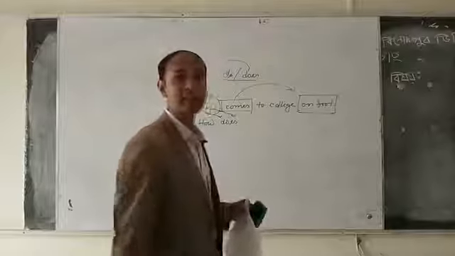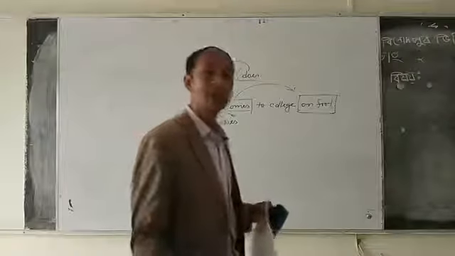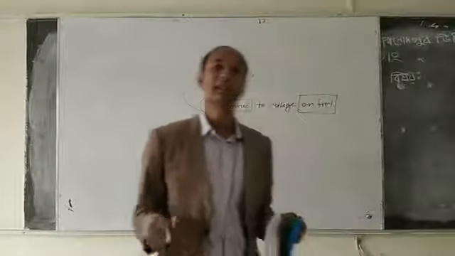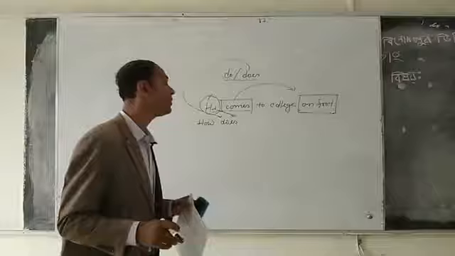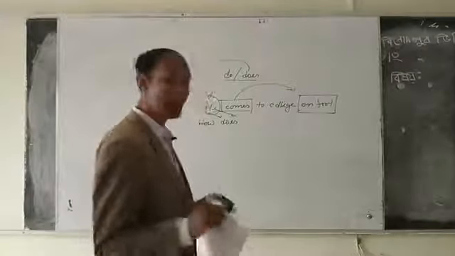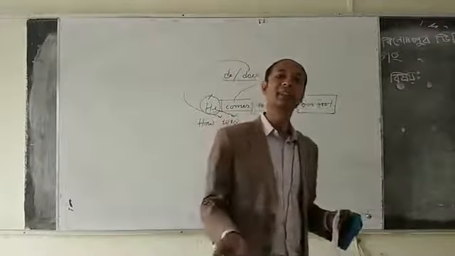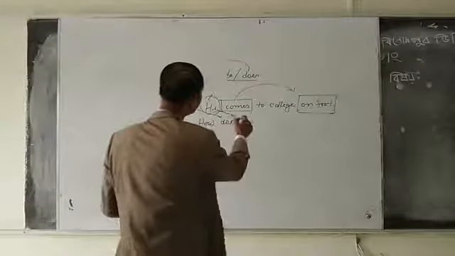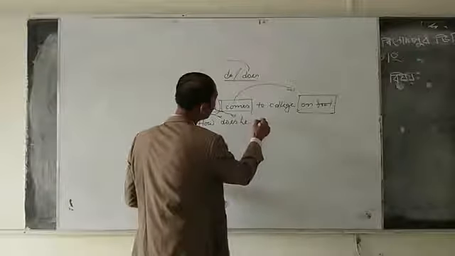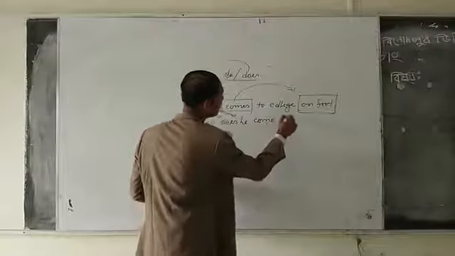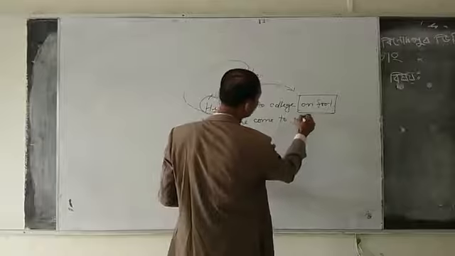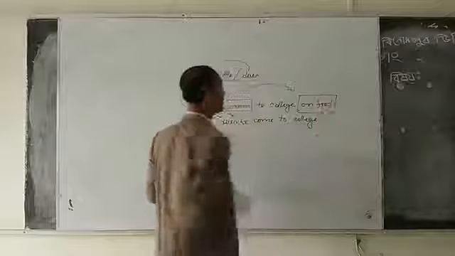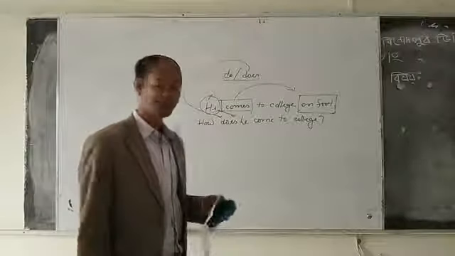According to the instruction, at first we have to use WH word, then auxiliary verb, then subject, then main verb. Okay? How does she come to college? Okay, this is the right answer.